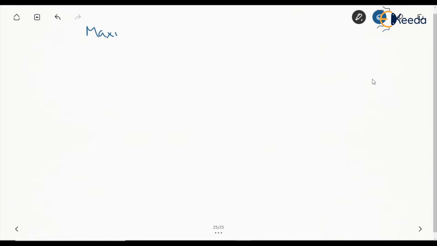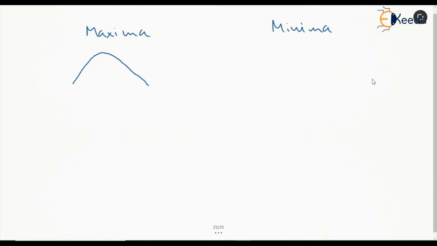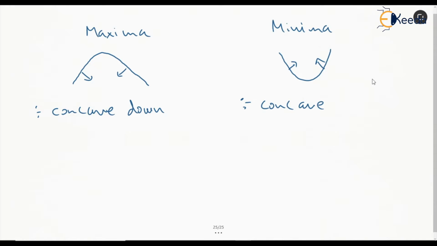So let's see maxima, minima. For maxima, the graph of the curve or function will be like this, whereas the graph or curve will be like this for minima. So this is concave down, whereas this one is concave up.